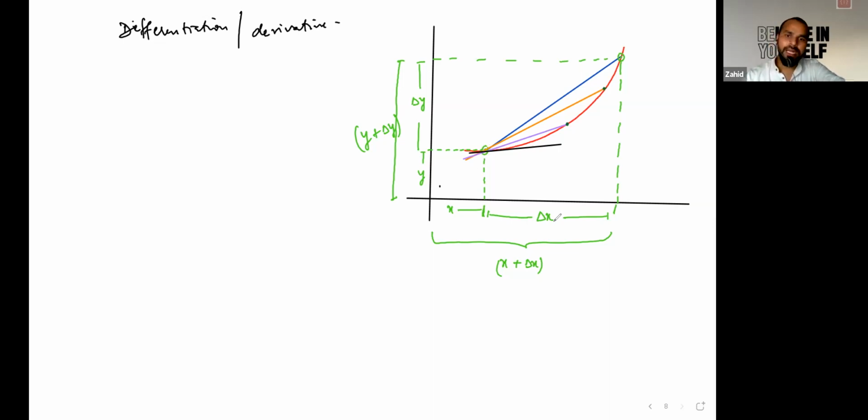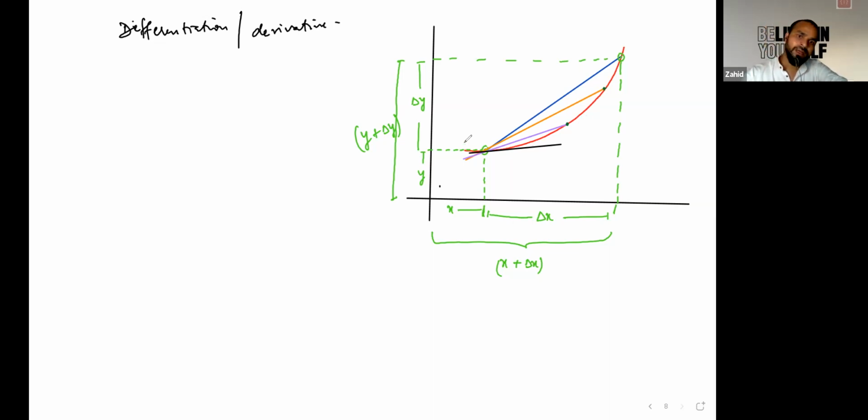It means I am decreasing delta x tending to 0, so that this point exactly overlaps the original point. The line which initially behaved as a chord now acts as a tangent touching the curve at a single point, and it defines the slope of the curve at any given instant.